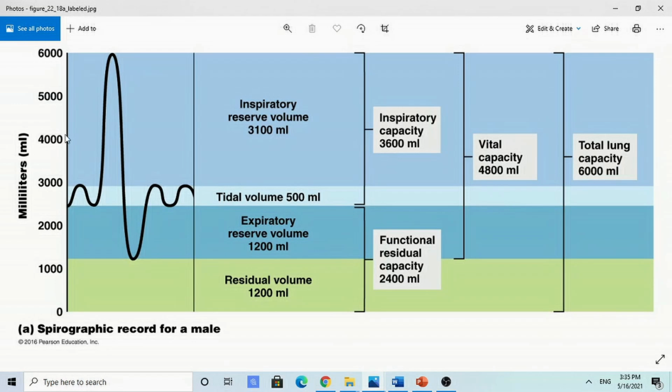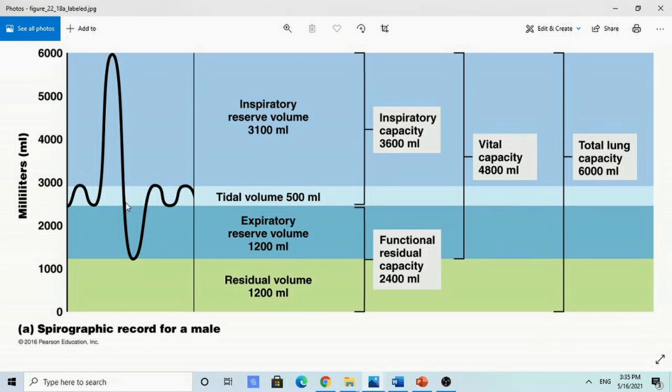So I am defining inspiratory reserve volume. As the name itself tells you, it is the amount of air we can breathe in after normal inhalation with additional effort. So when we exhale back, we can release that additional air we breathed in.